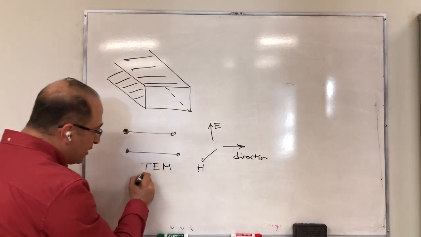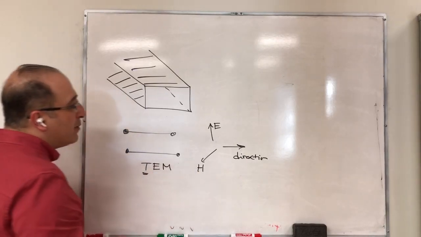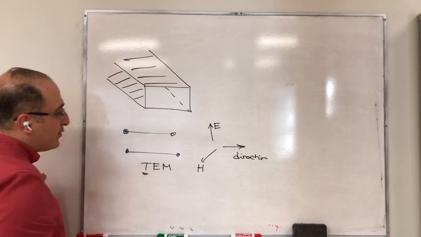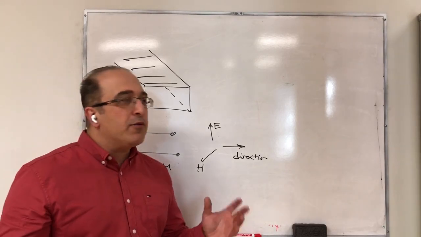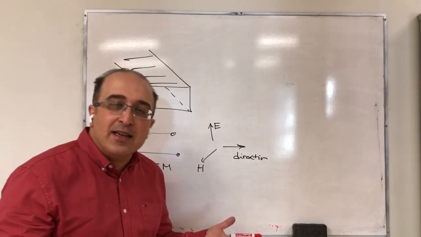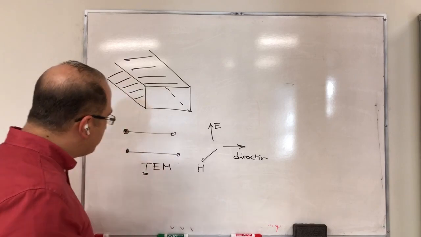Transverse means perpendicular, and this is for the electric field, this is for the magnetic field. So you can have the transverse electromagnetic mode, or perhaps in the case of microstrip line, you're going to have quasi-TEM.